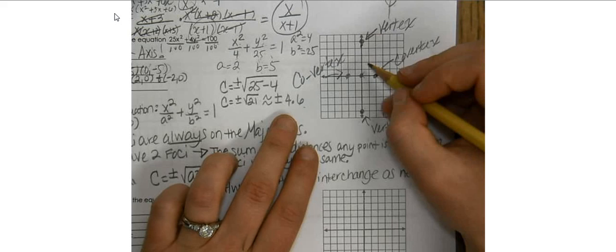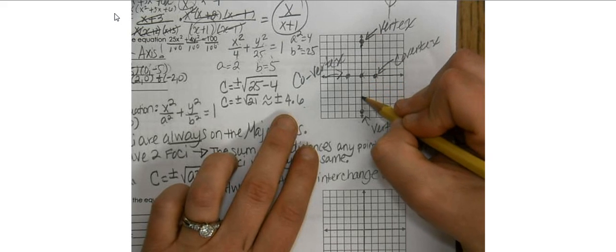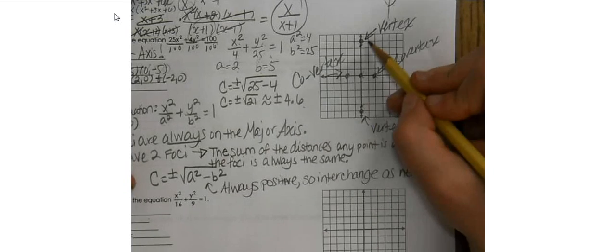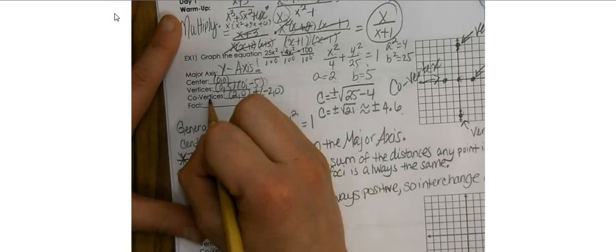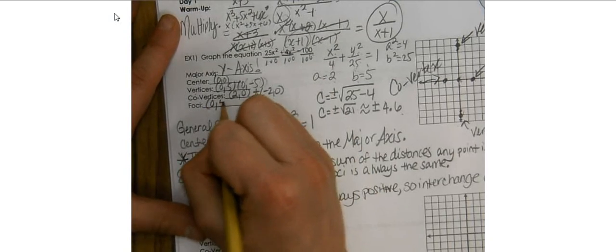Then I'm going to go to the south, 1, 2, 3, 4, and then just a little further than halfway, there's my other foci. So here are my 2 focus points. Those ordered pairs are located at 0, 4.6, and 0, negative 4.6. Those are your ordered pairs for the foci.